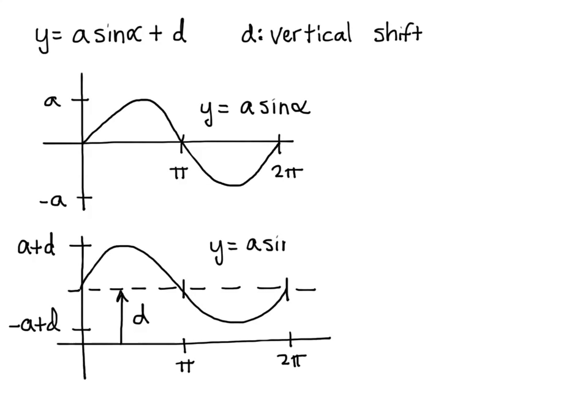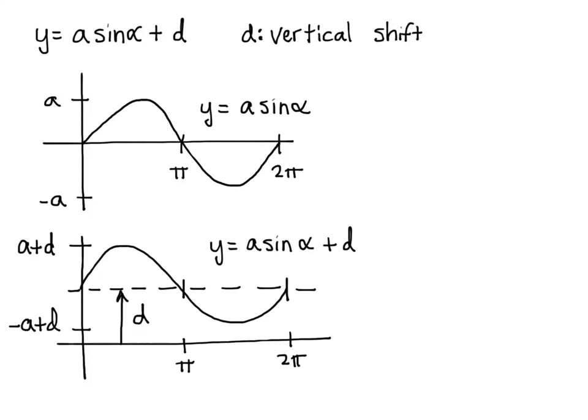We would raise the whole thing up by d, and then it would cycle about that d plus or minus the amplitude a. So the whole sine moves up, and depending on the size of d and the size of a, you could always get positive values, or you could always get negative values, or you could get mostly positive and some negative.